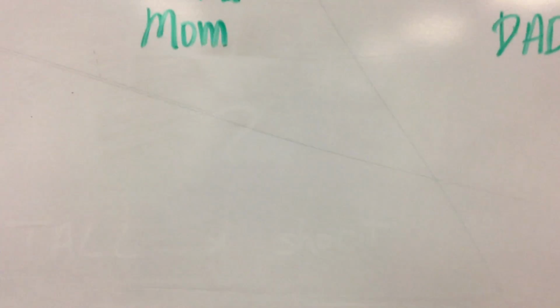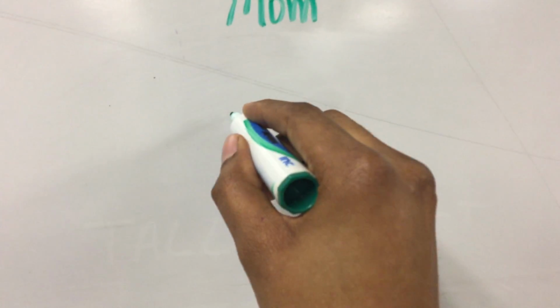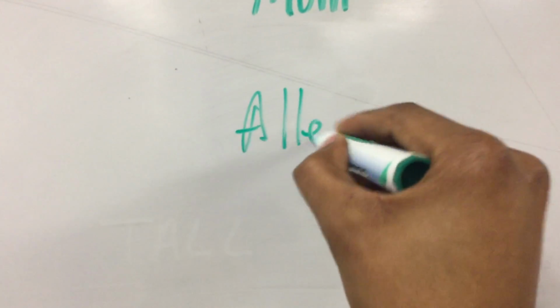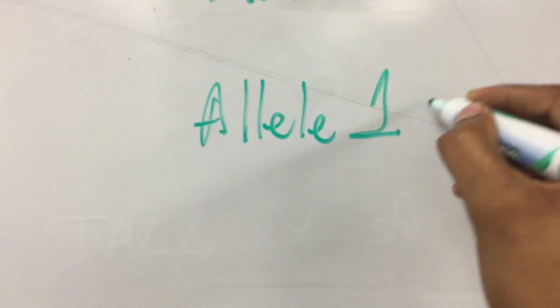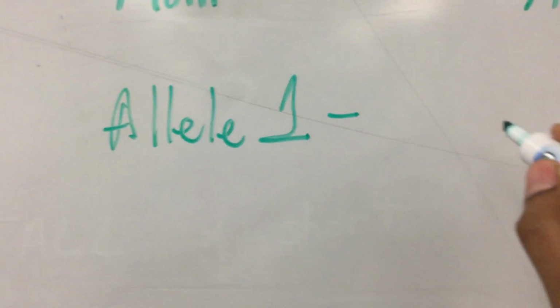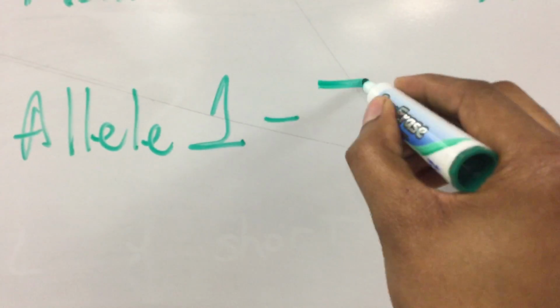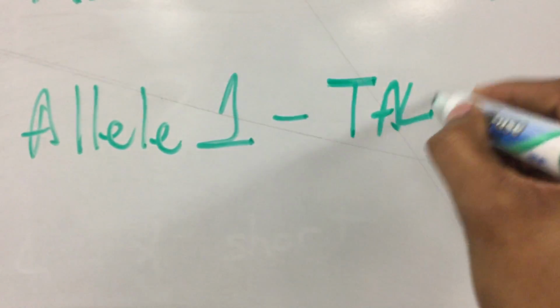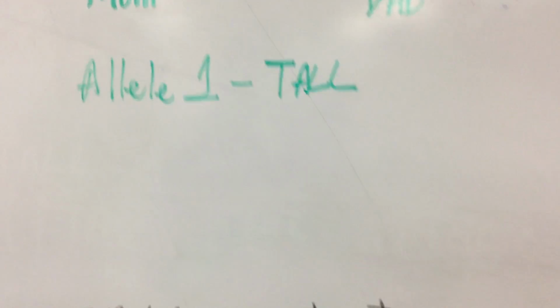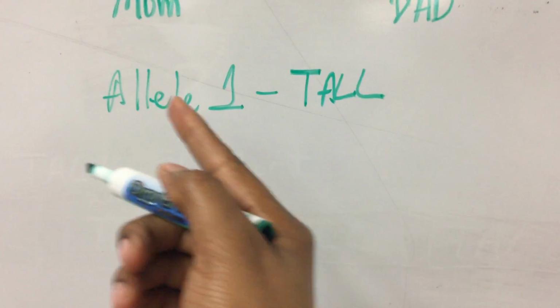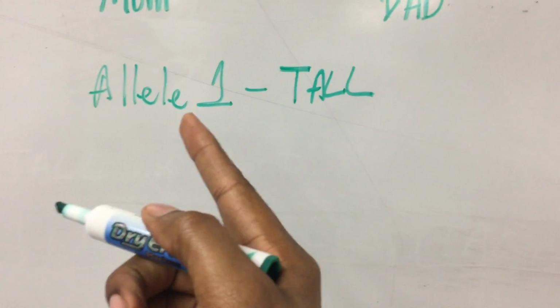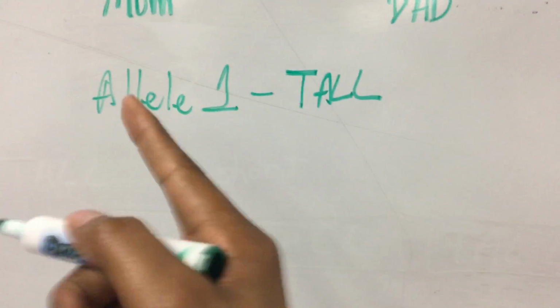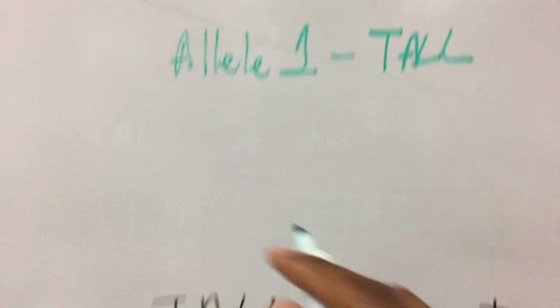Okay, so I'm going to write allele 1 is tall. If you were to look at allele 1 and what it codes for in the DNA, allele 1 would code for a tall plant.